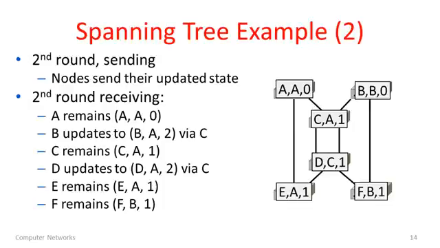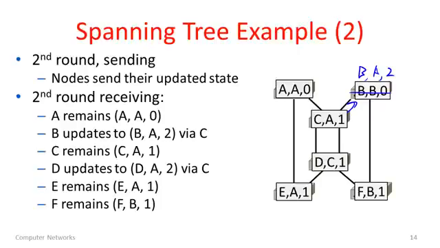B, as it gets this message from C, unfortunately learns that it is not the best option. B will update its state to be B, A, 2. It's 2 hops from A. A is a better root than B, and it's going to reach the root through C.